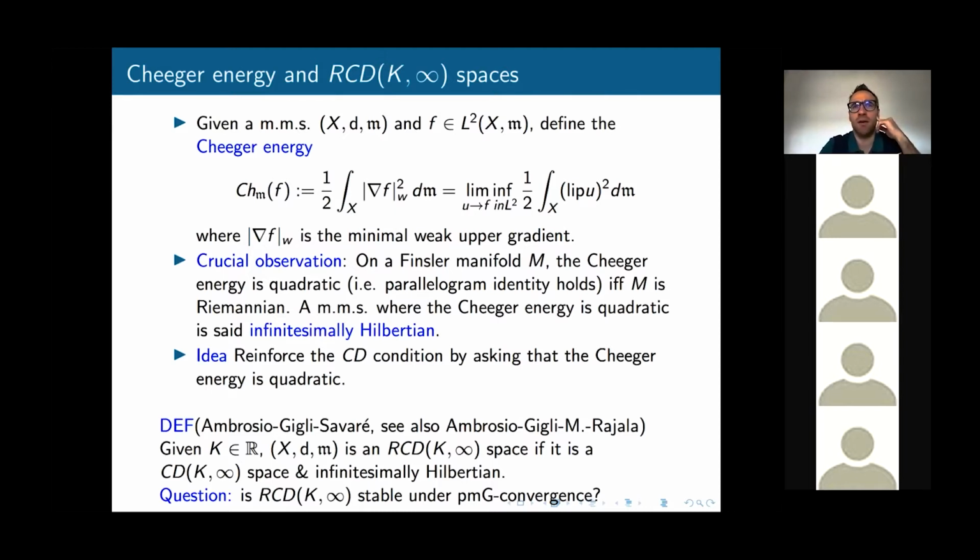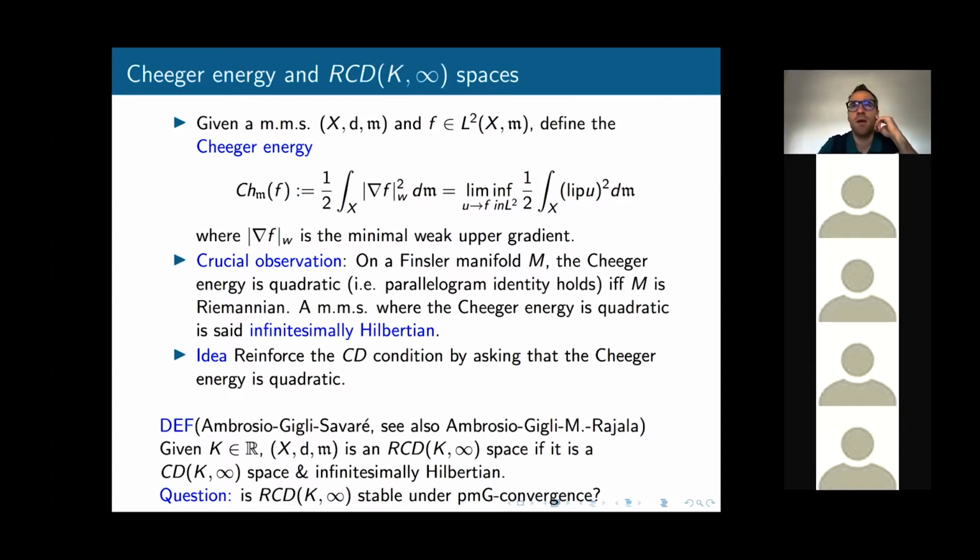Indeed, as we have seen yesterday more in detail in the lecture by Cristina Sormani, one can see the measured Gromov convergence as a kind of weaker zero-order convergence of the distance functions. So we have a zero-order convergence which is weaker than, say, uniform convergence of the distance functions. And the CD(K,∞) condition is a convexity condition on the entropy.